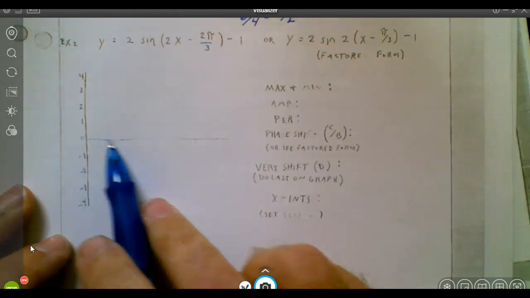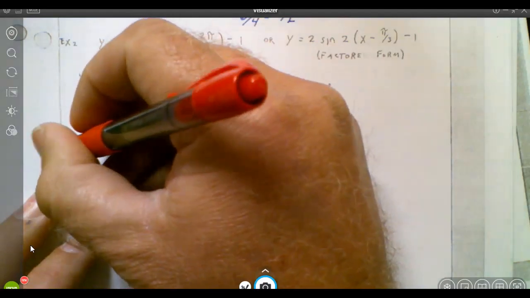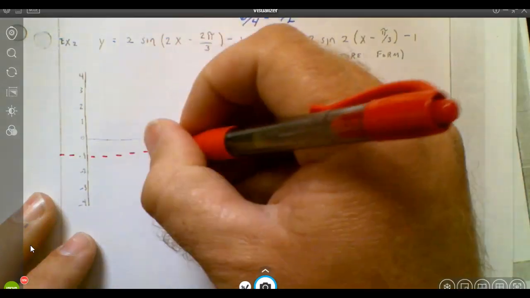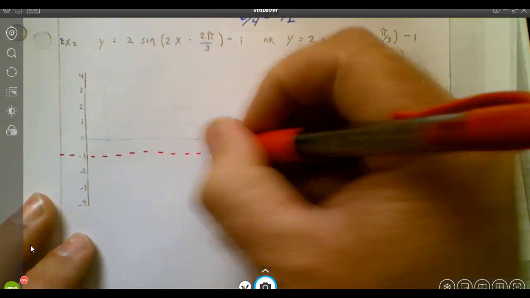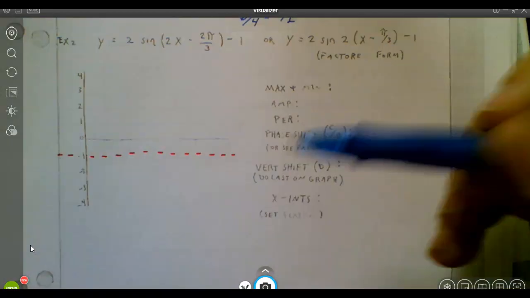So instead of it being all based on the x-axis, it's now going to be based on this as our center line. Trying to keep that straight for you. So that's now the center line of the graph, and everything's going to go from there.